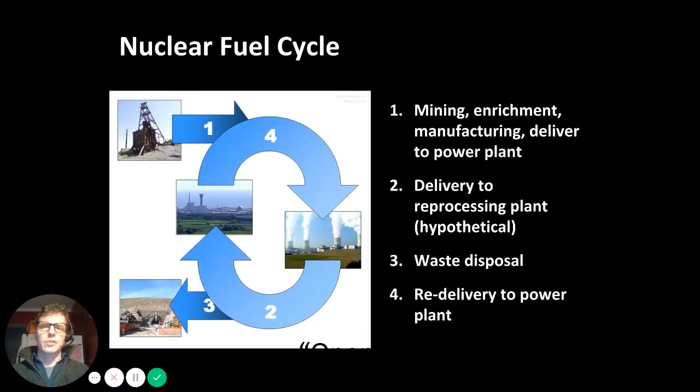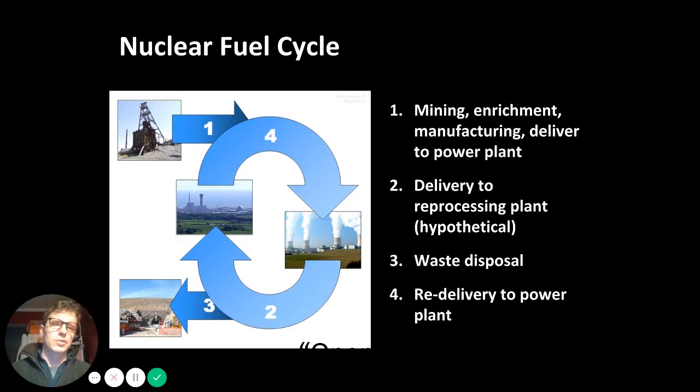Okay, so the nuclear fuel cycle, we've talked about how it's mined and produced. It's mined, milled, enriched, put into pellets and rods and delivered to the nuclear power plant.